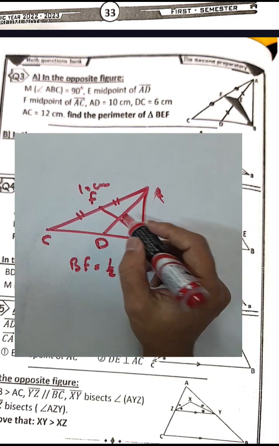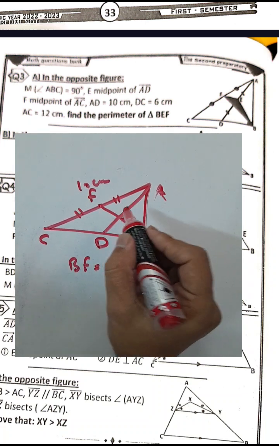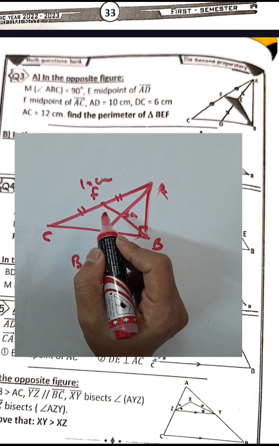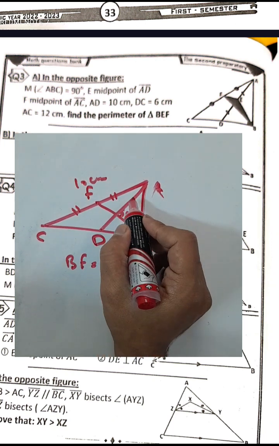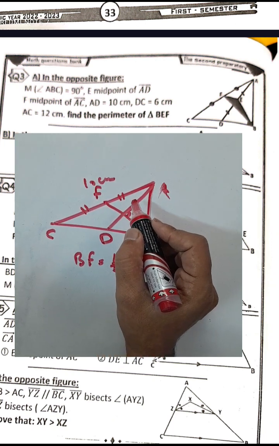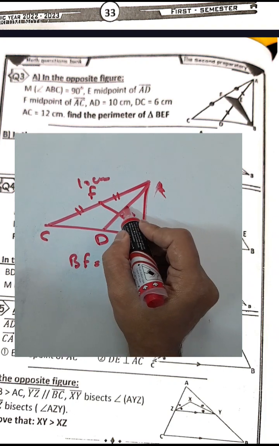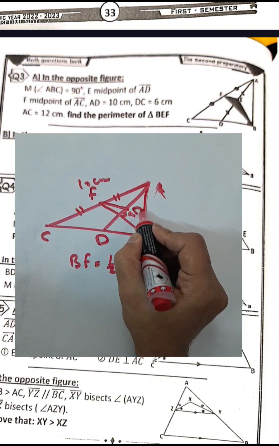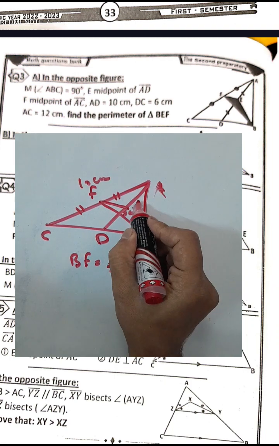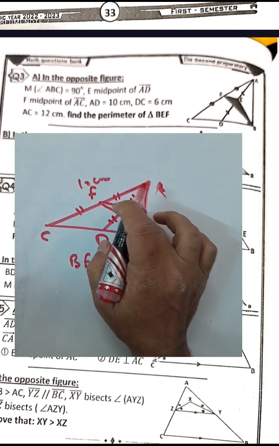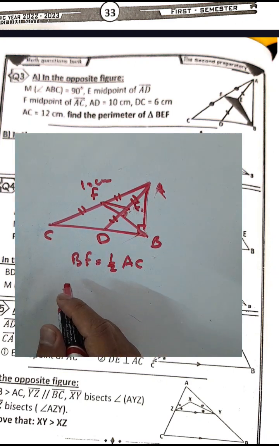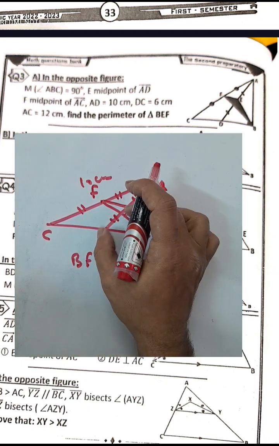and E is the midpoint. E here is the midpoint of this triangle, and this part equals this part. E is the midpoint of AD. This point is the midpoint. EF, F is the midpoint. This part equals this part.